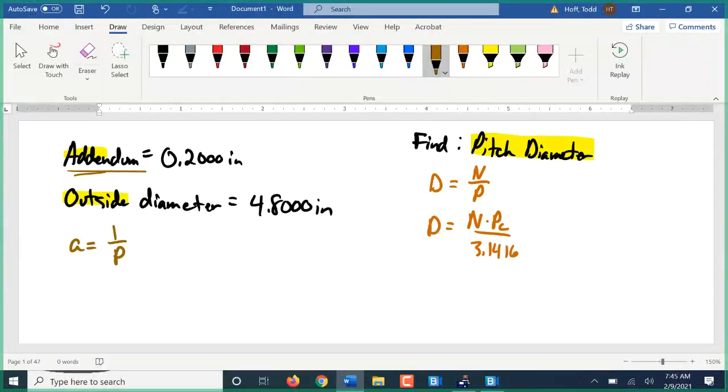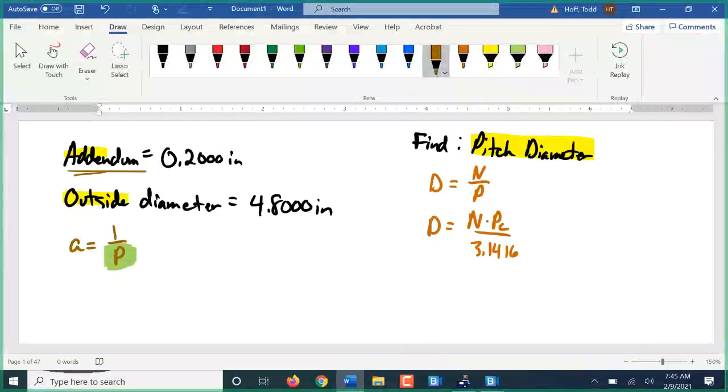There are square tooth gears and there are convolute gears. Convolute gears have a tapered tooth. So this formula only applies if we have that certain type of tooth on our gear. Which doesn't matter in this case, since we are not given the pitch anyway. We're looking for the pitch diameter. So that formula doesn't help us either way.